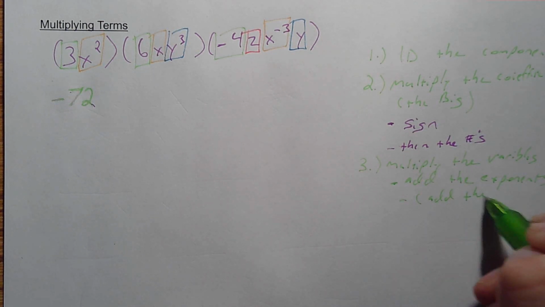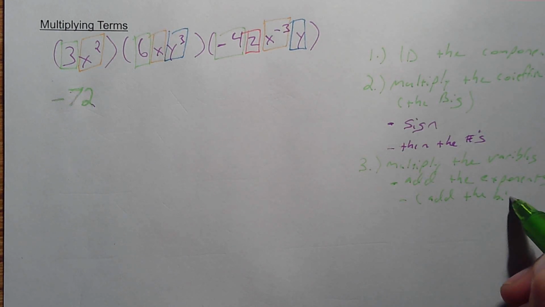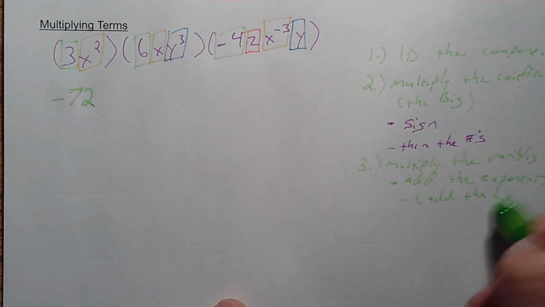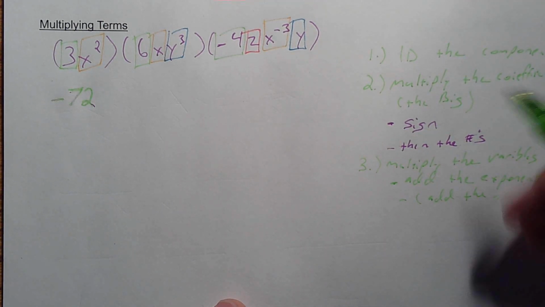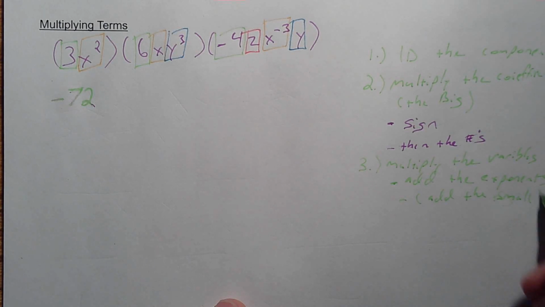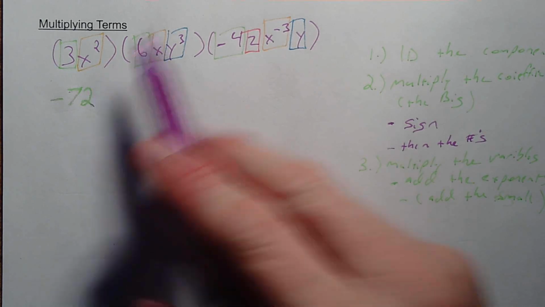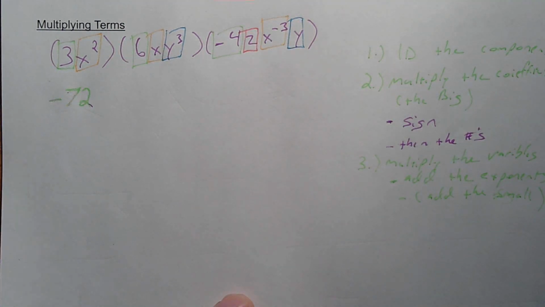Add the big. Sorry, add the small. Multiply the big, add the small. Add the small. All right, so the X's will be in yellow.